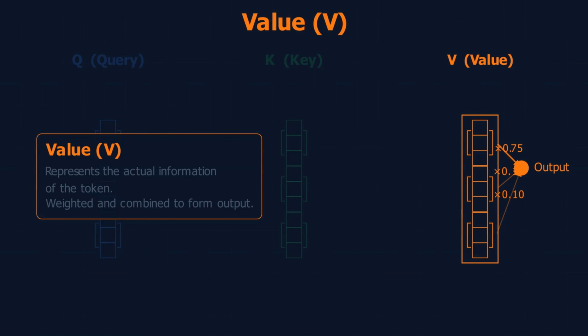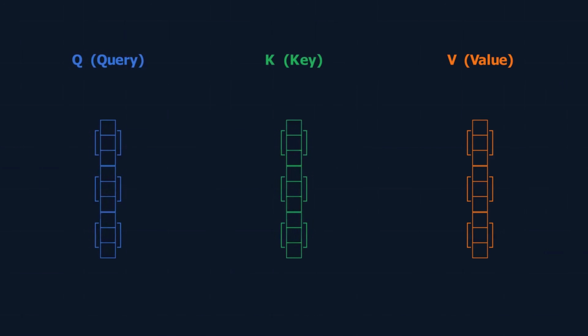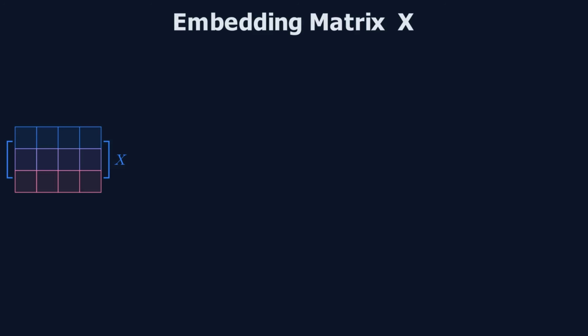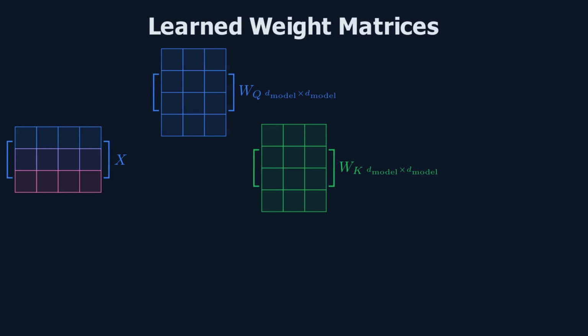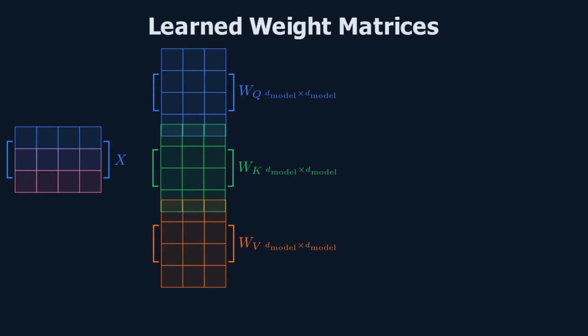Now let's look at the math part of the attention mechanism. This is the embedding matrix X, whose rows E1, E2 and E3 represent the static embeddings of the tokens I like math. Now we are going to take weight matrices WQ, WK and WV. These matrices are the learnable parameters or weights whose values are decided during backpropagation.